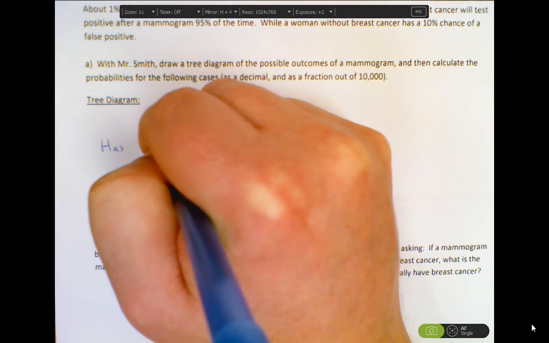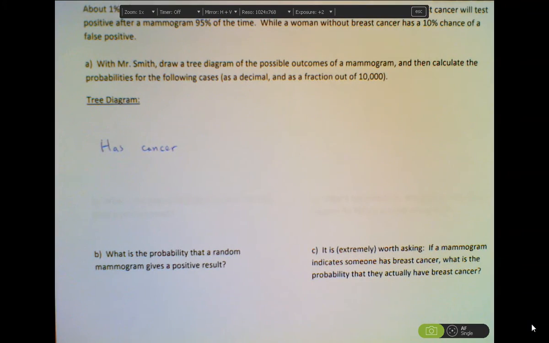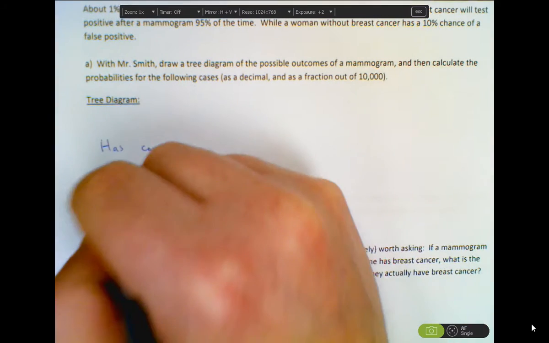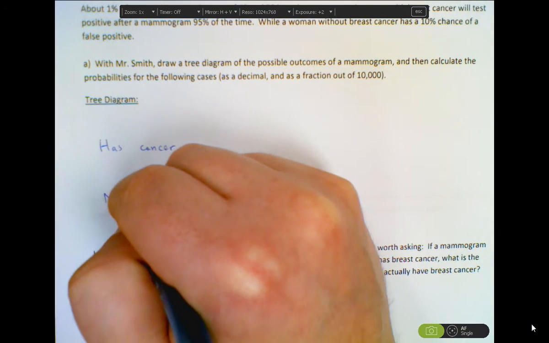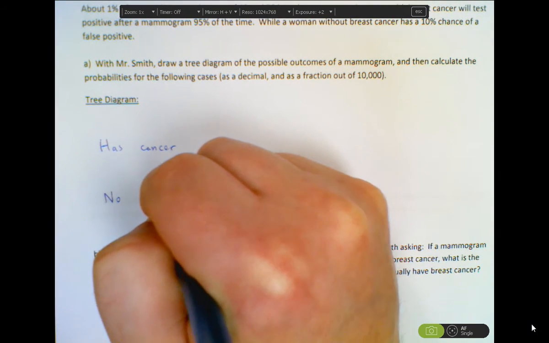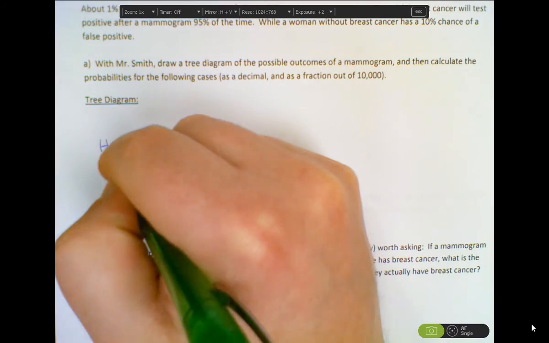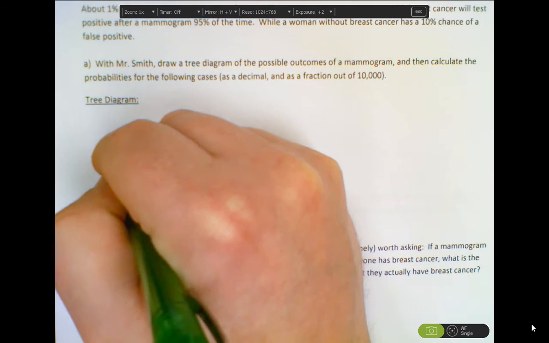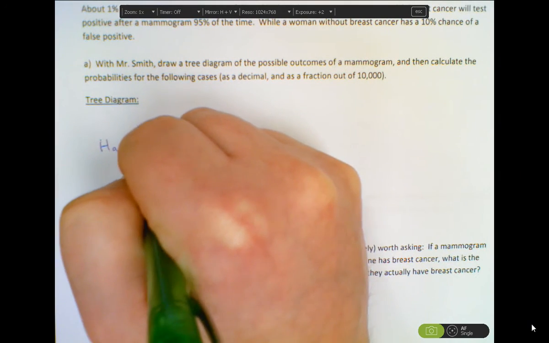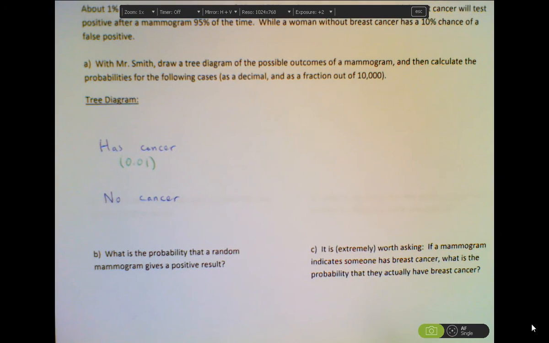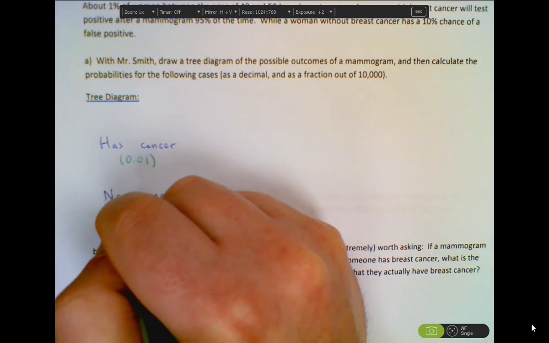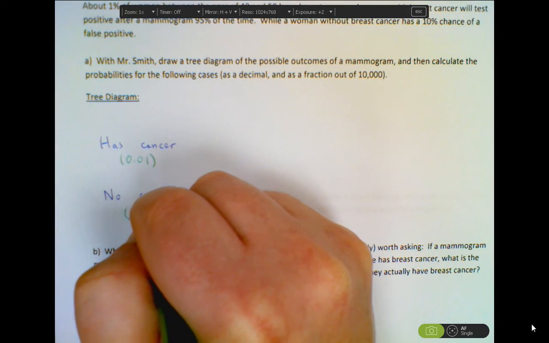A woman between 40 and 50 can have cancer or no cancer. The probability of having cancer we've established was 1%, so I'll write 0.01. And the probability of not having cancer would then be 0.99.